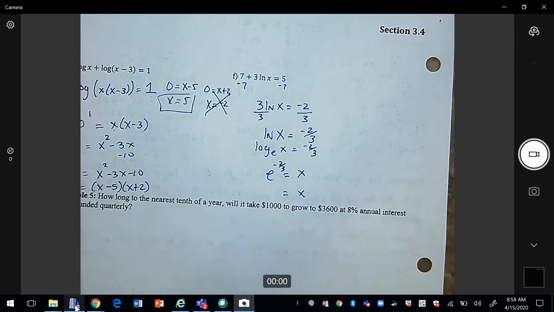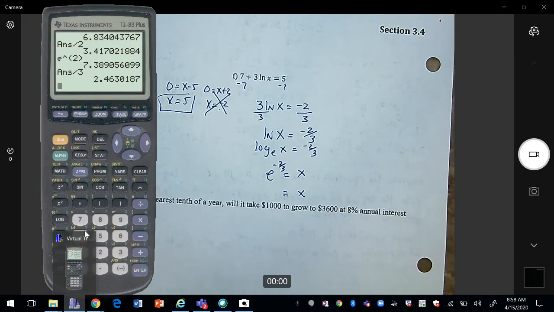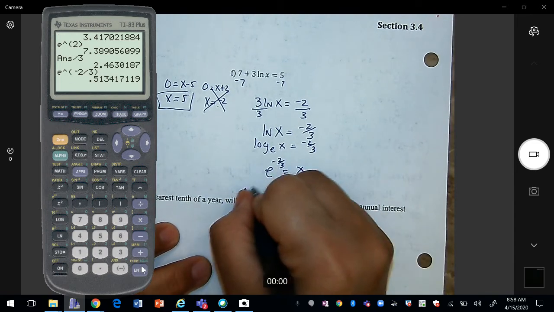So we plug that in the calculator. We get second e raised to the negative 2 divided by 3, 0.5134.